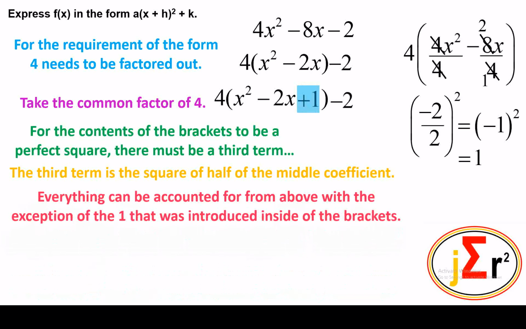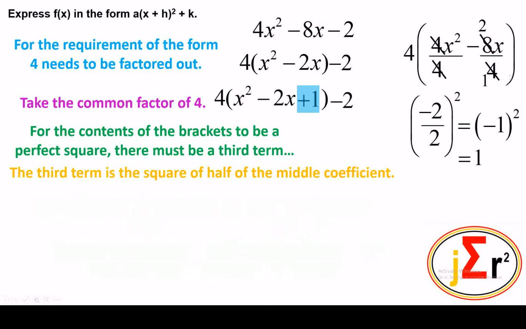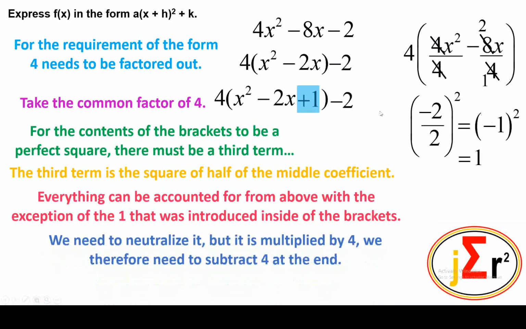Everything can be accounted for from the above expressions, with the exception of that one that was introduced in the brackets in order to complete the square. We need to neutralize that positive 1, meaning that it is as if it's not there.